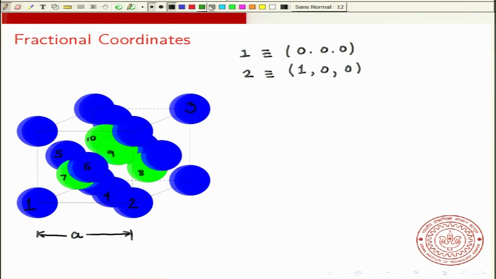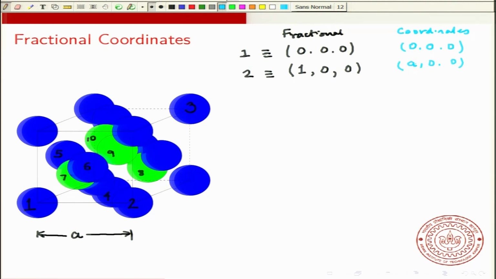I'll write the actual coordinates here, and we will write the fractional coordinates here. The actual coordinates for 0 0 0 are also 0 0 0. For atom 2, they are a 0 0, which in fractional coordinates becomes 1 0 0.